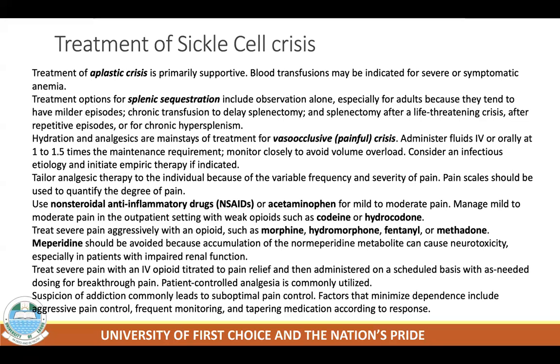Then manage mild to moderate pain in an outpatient setting with weak opioids like codeine or hydrocodone, right? Of course, you are aware that now codeine is a controlled drug that we no longer have access to use over the counter as we used to before.